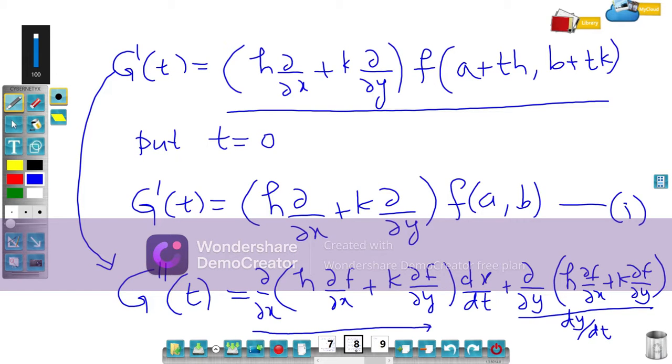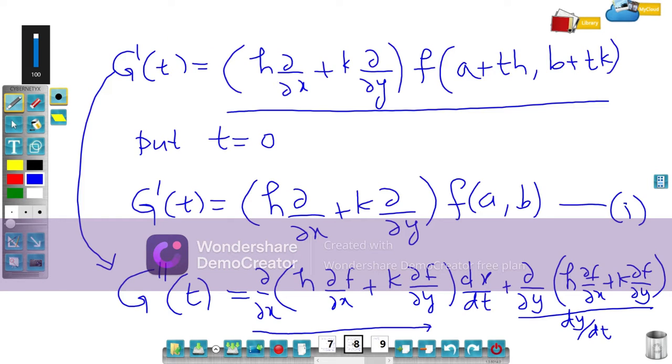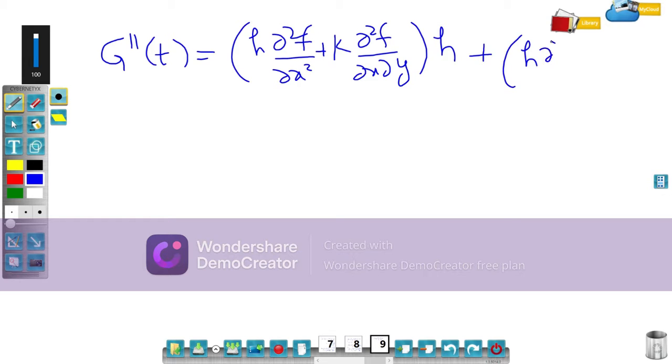It will be h times dou two f upon dou x square plus k times dou two f upon dou x dou y, and here it is h, plus h times dou two f upon dou y dou x plus k times dou two f upon dou y square, and then multiplied by k. So let's multiply this h and k inside.